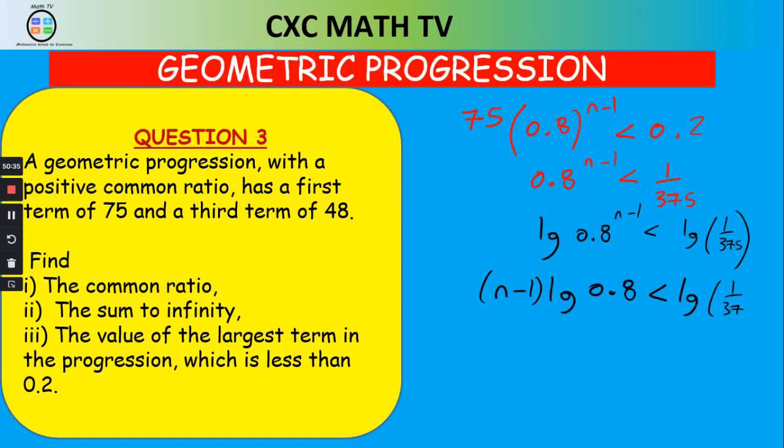Now, the log of 0.8 is negative. Since the log of 0.8 is negative, whenever you divide by a negative number, you change the inequality sign. So n minus 1 is now greater than this.